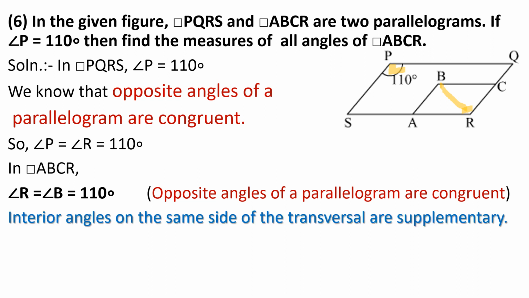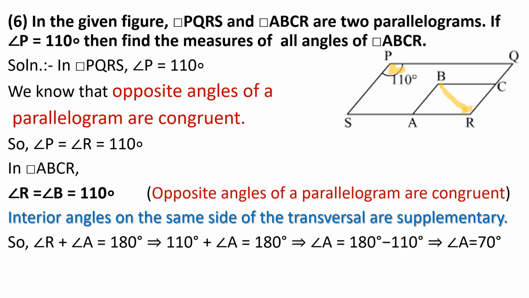Now, interior angles on the same side of the transversal are supplementary. Or you can write the property: adjacent angles of a parallelogram are supplementary. So which are the adjacent angles here in the small parallelogram? Angle R and angle A we can take. So angle R plus angle A is equal to 180 degrees.